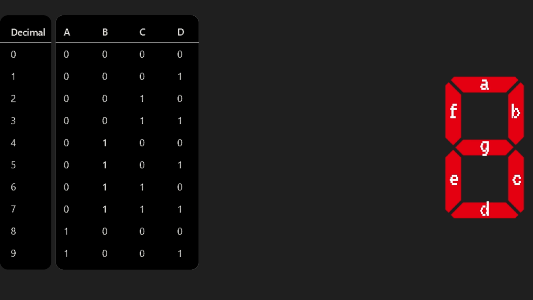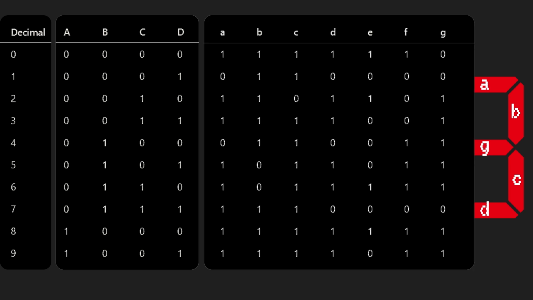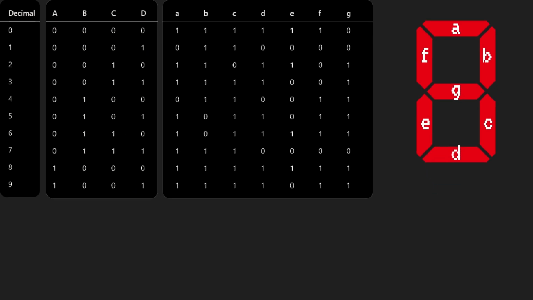So these are the binary values that we will provide as an input to show decimal values. For example, when the input is 0000, it will turn on all the segments except G. But for now we will only focus on segment A, to build a logic gate that will control when segment A will be turned on.